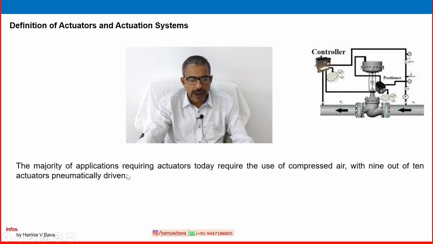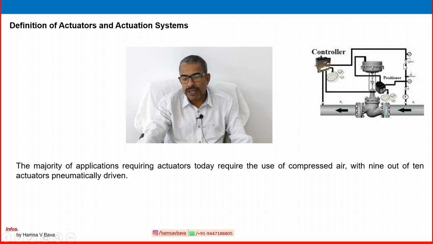The majority of applications today require the use of compressed air, with 9 out of 10 actuators being pneumatically driven. Pneumatic actuator means it is using compressed air. We provide compressed air from outside to the actuator system separately.